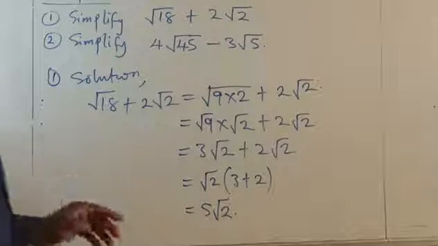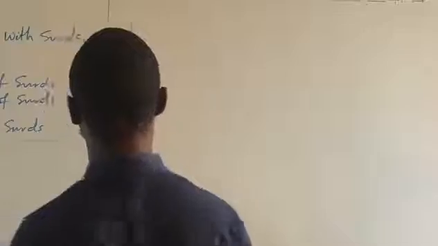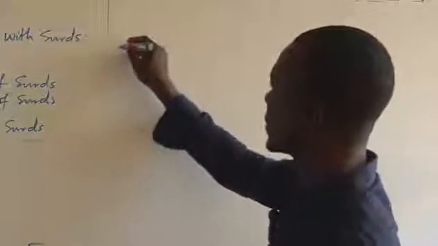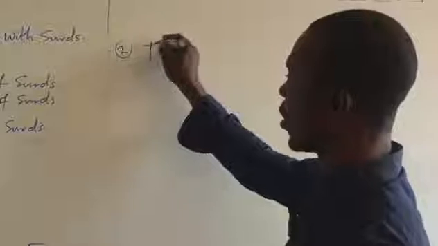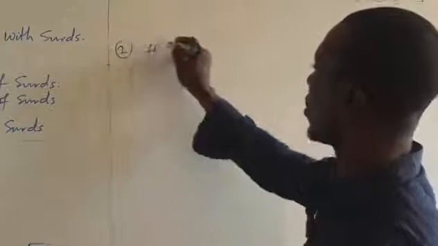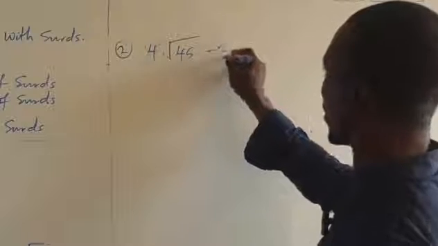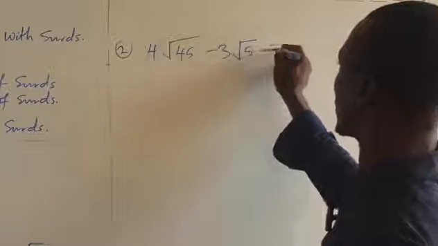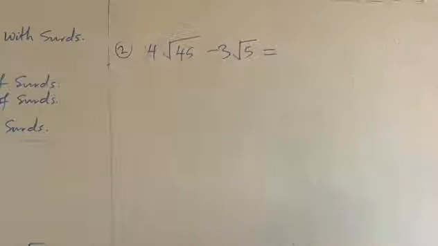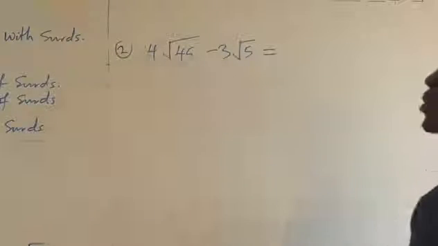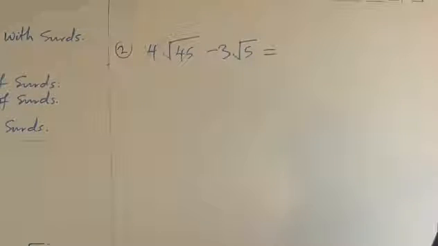The second example is on subtraction of roots, and we have it as 4 root 45 minus 3 root 5, which is equal to, so the first thing to do here is to reduce square root of 45 to its lowest form.